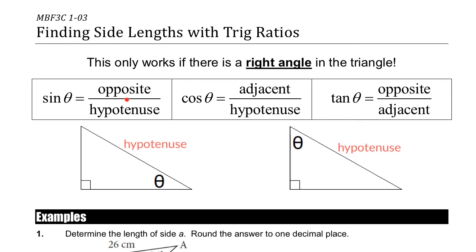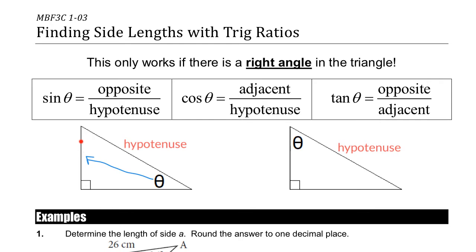What about opposite? What does that mean? Well, opposite is the side that is opposite the angle that you're using. The angle that you're using here is theta. So in this triangle, this is theta, and the side that's opposite is on the opposite side of the triangle. It's directly across.